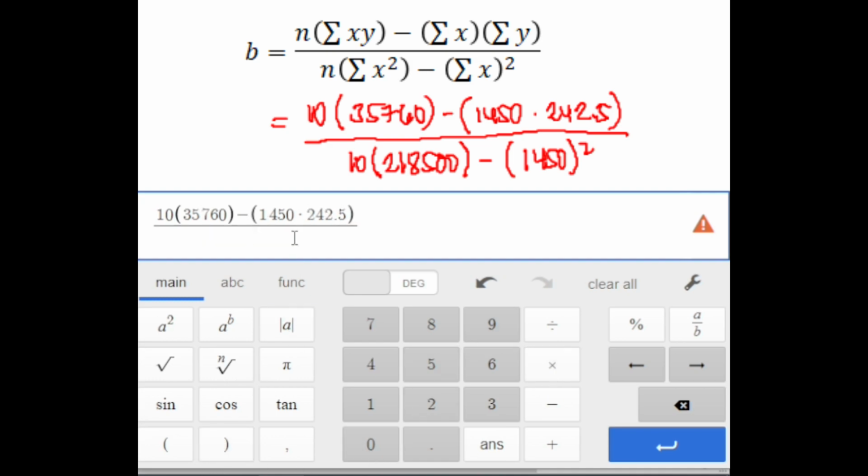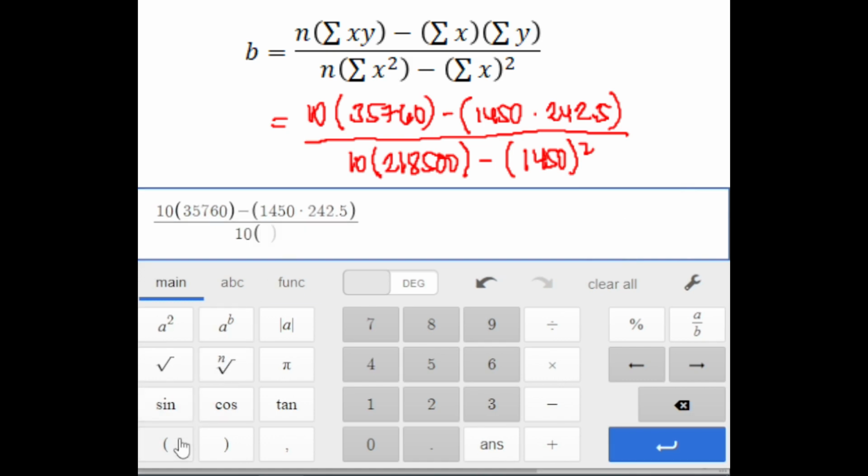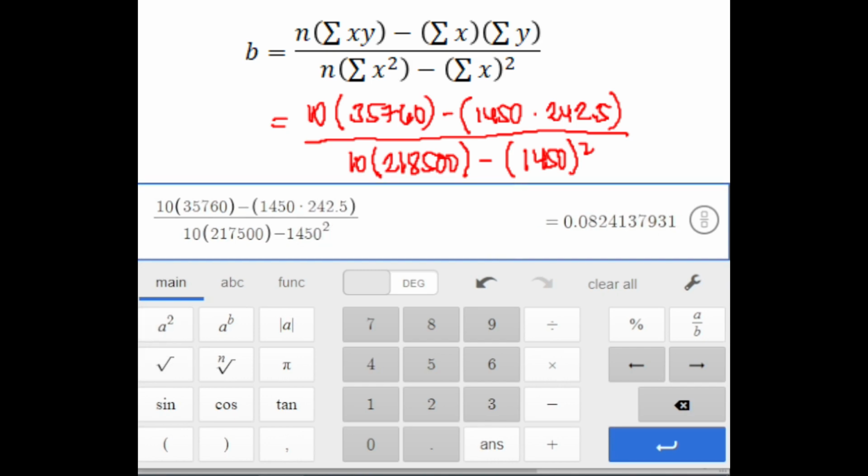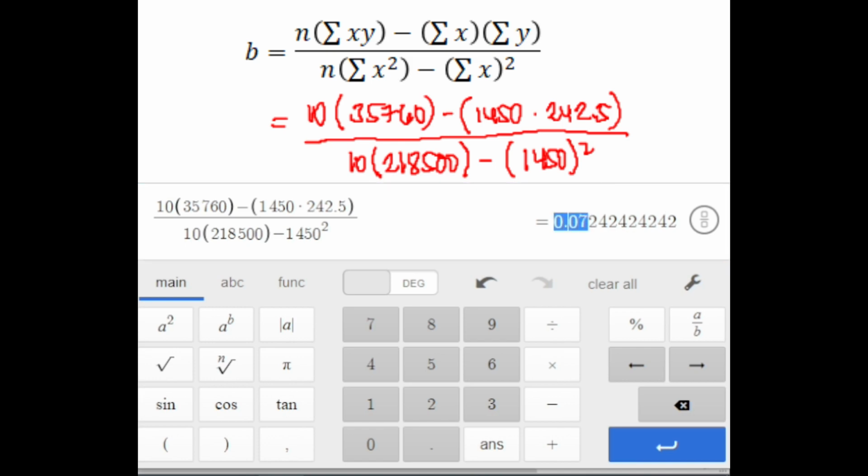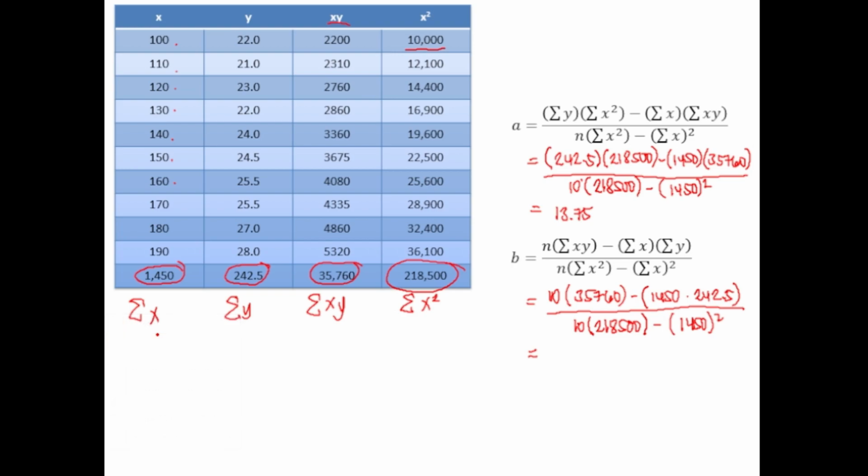Sa ating denominator, 10 times 218,500 minus square ng 1,450. Ang sagot po dito ay siyempre dalawang decimal places, 0.07. Yan po ang lumabas.